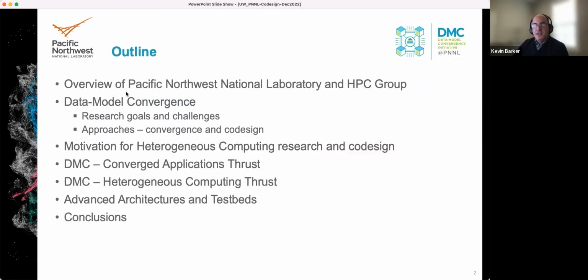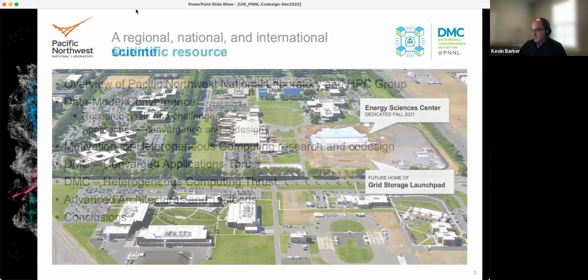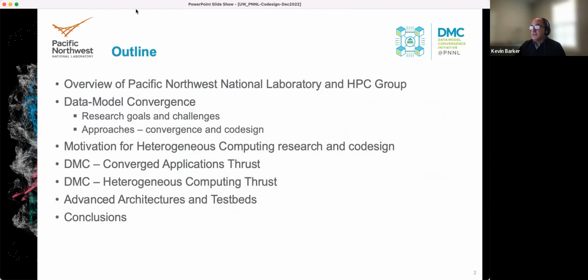There we go. So just a quick outline of what I'll be talking about. I'm going to give a very brief overview of PNNL for folks that don't know about the laboratory, and then get right into the Data Model Convergence Initiative, some of our goals and challenges, as well as motivation for some of the research that we're doing within the initiative in a couple thrust areas that we call converged applications and heterogeneous computing.